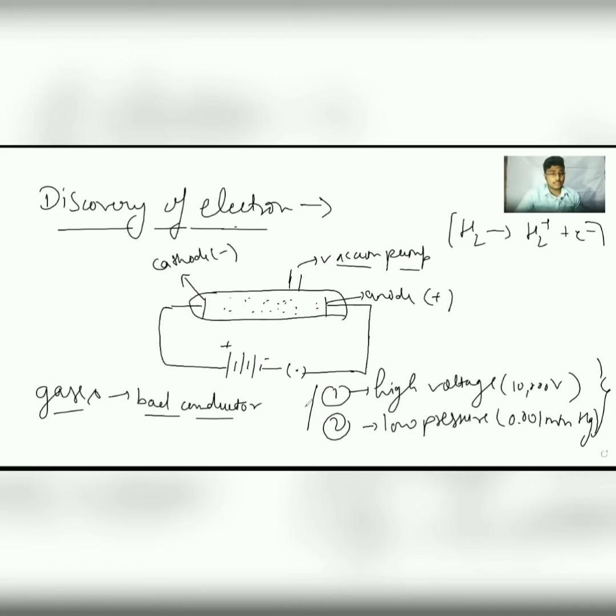So when he started his experiment by using this high supply of voltage battery and low pressure, approx 0.001 mmHg, he also used a fluorescent screen.